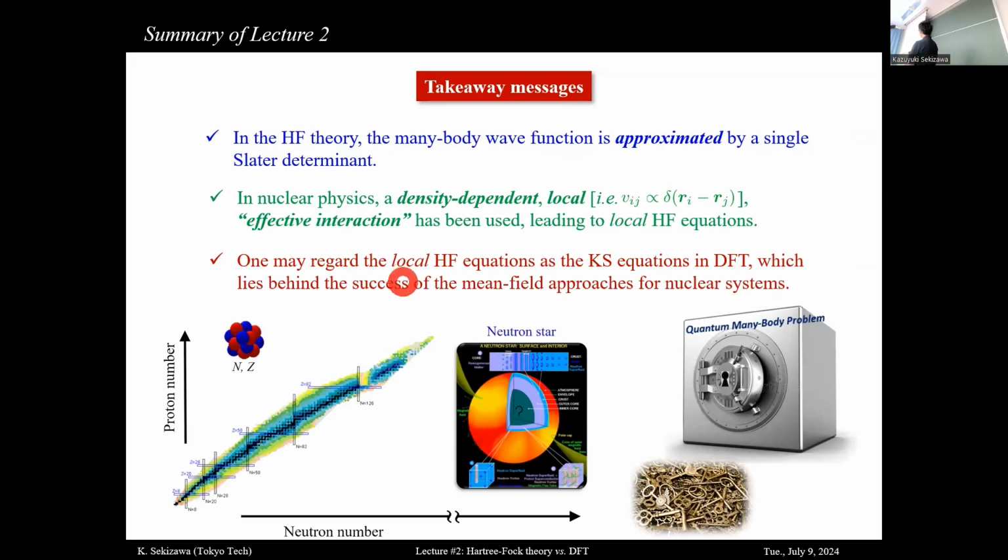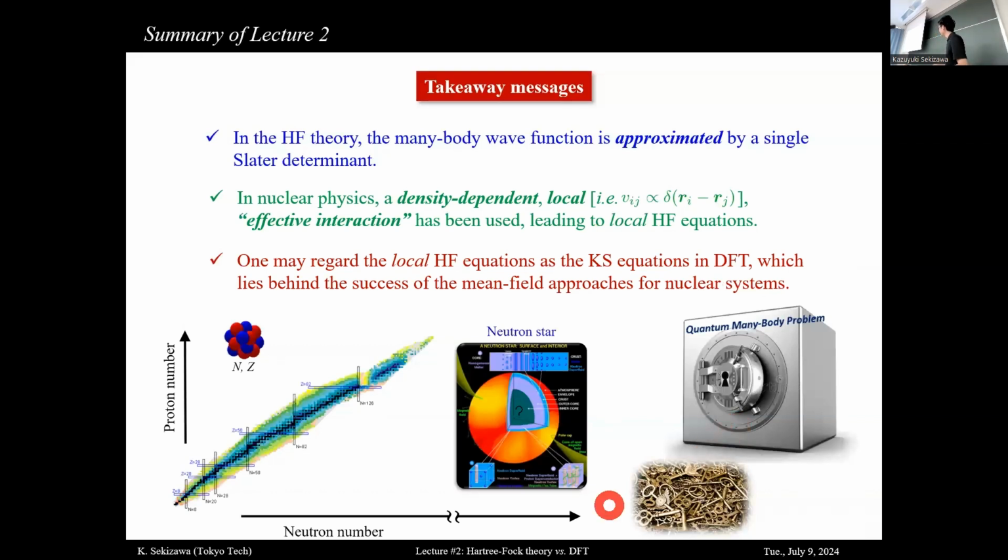With DFT or mean field microscopic approaches, we can describe the ground state properties all over the nuclear chart, and with the same parameter set, we can also describe nuclear matter properties inside the neutron star, thanks to the magical correspondence between DFT and the many-body Schrödinger equation.